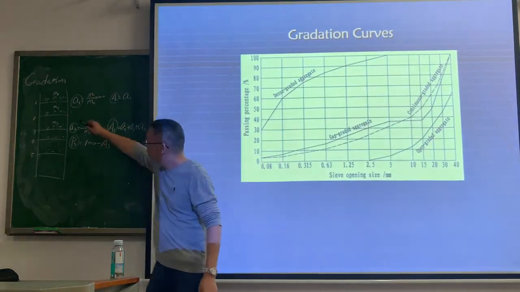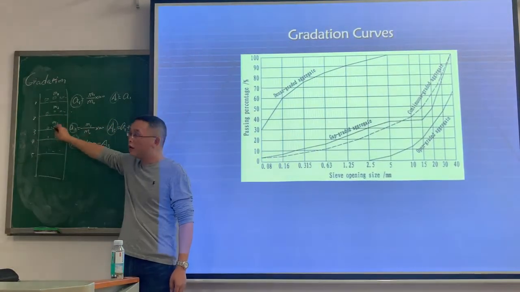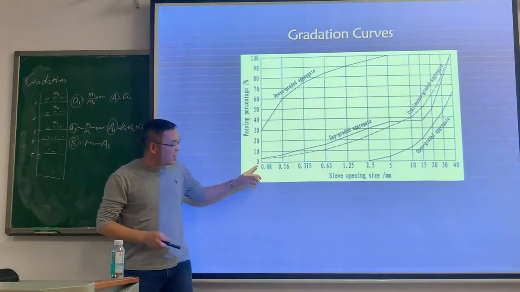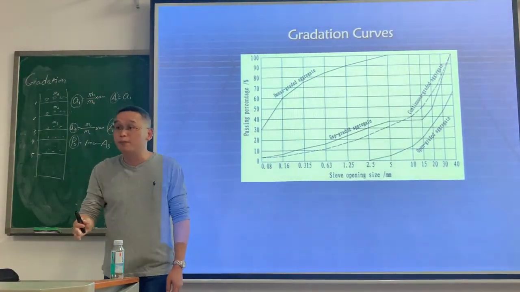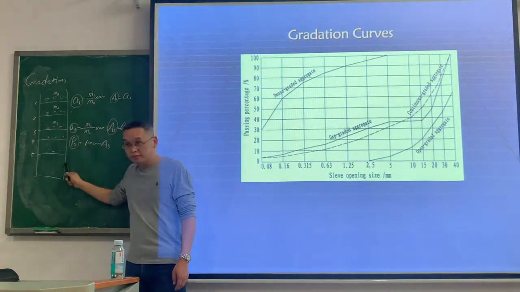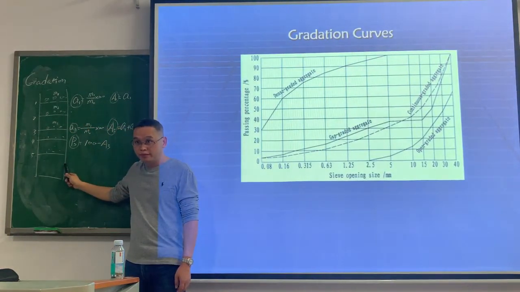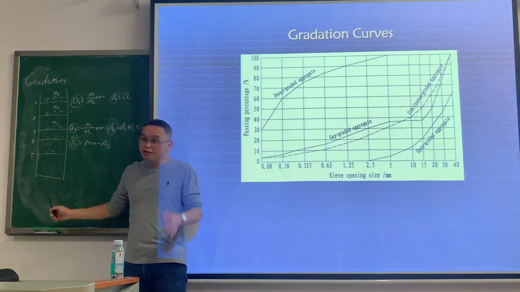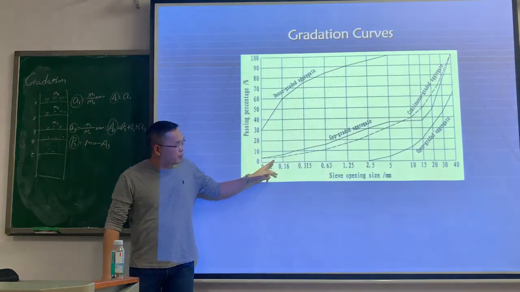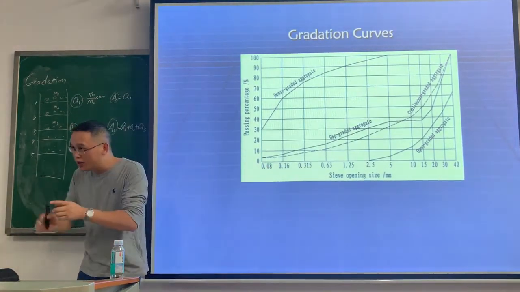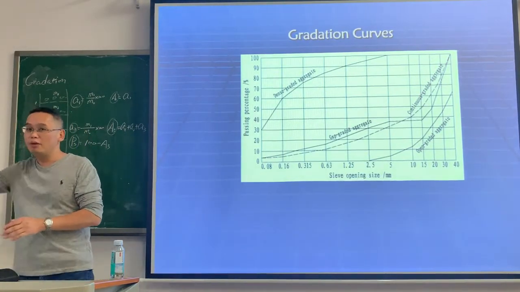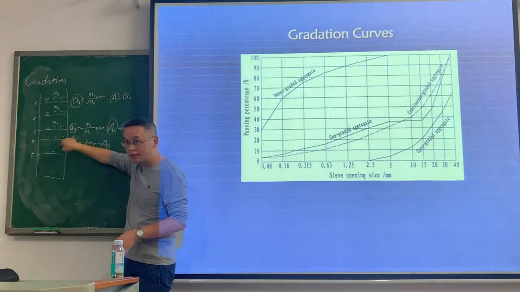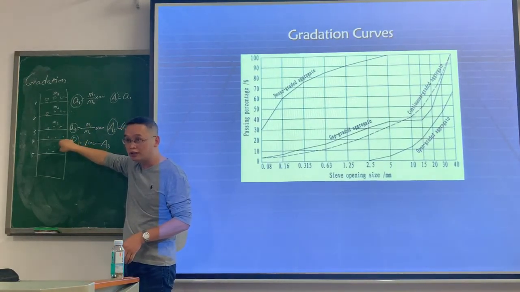From this diagram, if the passing percentage increases continuously, it means what? Look at this diagram.